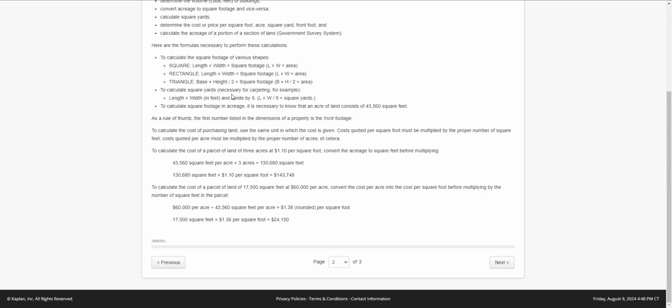To calculate it by yards, you do L times W over 9 equals square yards. 1 acre equals 43,560 square feet. As a rule of thumb, the first number listed in the dimensions of the property is the front footage.